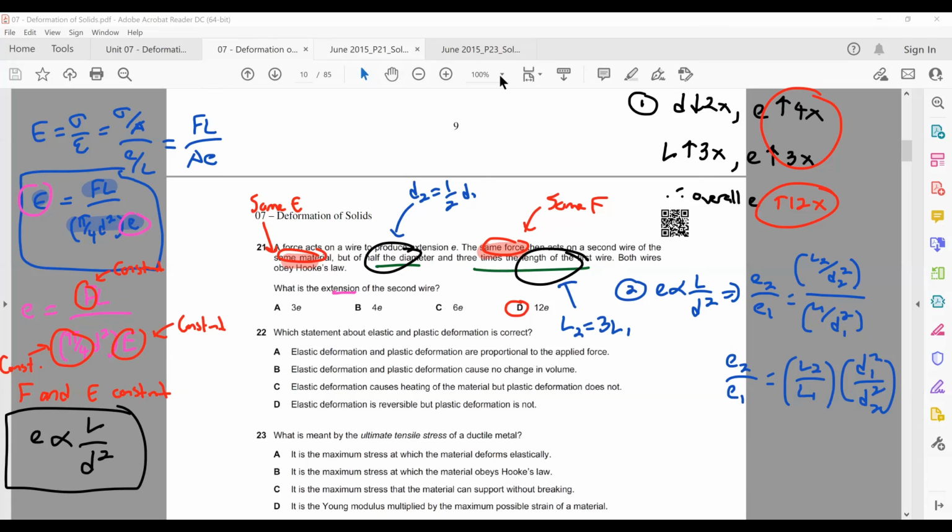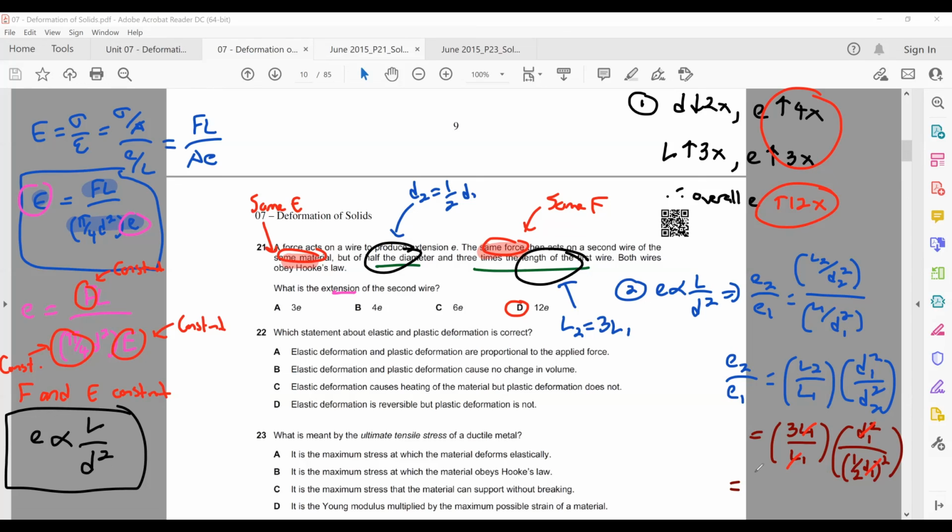If I substitute in everything here, what would I get? I will get 3L1 over L1, and then D1 squared over D2 squared, where D2 is half of D1. Remember to square the whole thing. L1 will cancel off, D1 squared and D1 squared will cancel off.